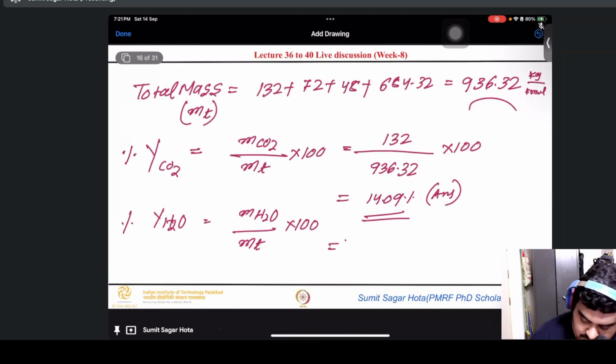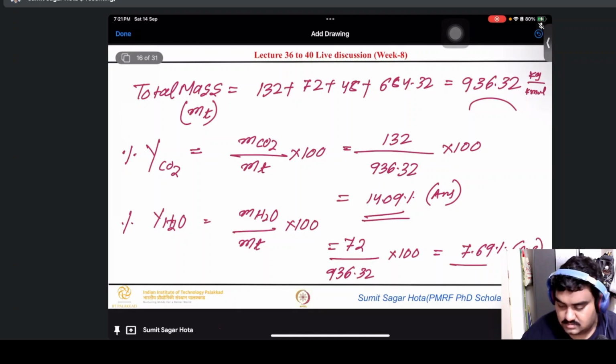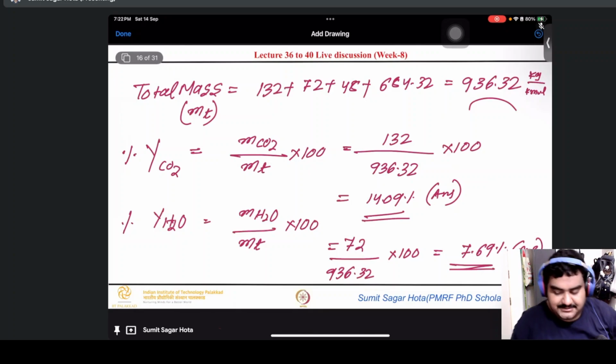So 72 divided by 936.32 into 100, which is 7.69%.